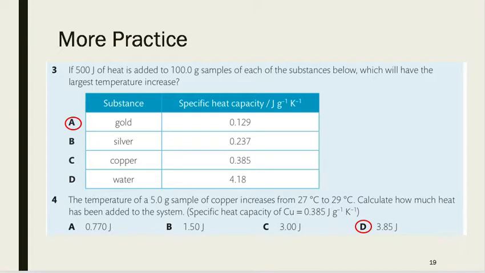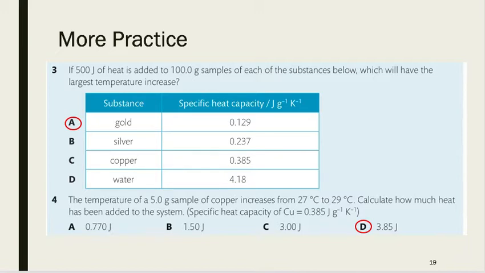So based on all of these results, which of these do you think would have the greatest temperature increase? Well, since water is really high, that means it takes a lot of energy. On the other hand, gold has a low specific heat capacity, which means it doesn't take a lot of energy.